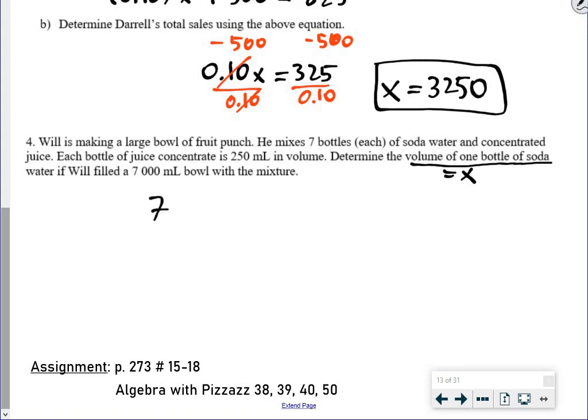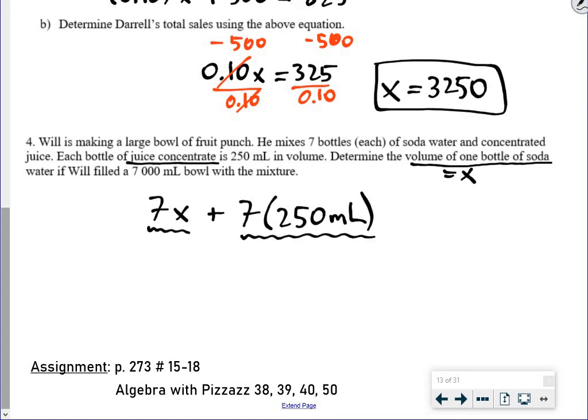He mixed 7 bottles of soda plus 7 bottles of juice concentrate, which is given to us as 250 mils. And the 7 bottles of soda combined with the 7 bottles of juice concentrate gives us 7,000 mils.